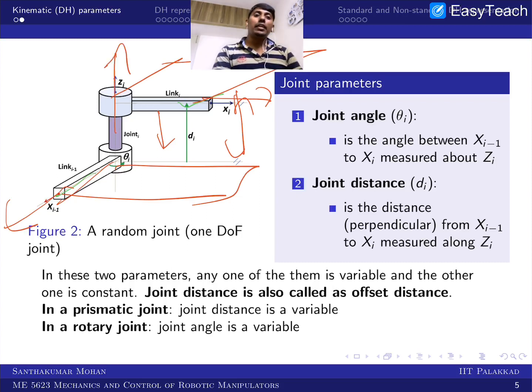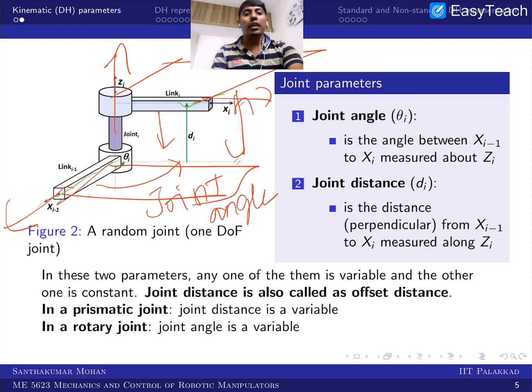So zi is the joint axis. About zi, you rotate xi minus 1 to make it parallel to xi. This angle is what you call the joint angle, which we denote as theta. Since we are rotating about zi, it is theta i. It is the angle from xi minus 1 to xi measured about zi.